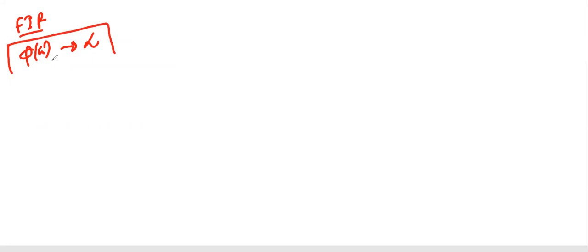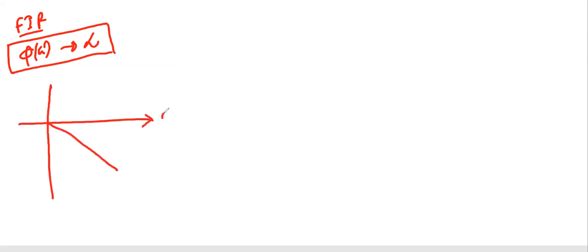In case of a linear phase response, the plot looks like this, where this is omega and this is the phase value. The phase is presented here with a negative value.